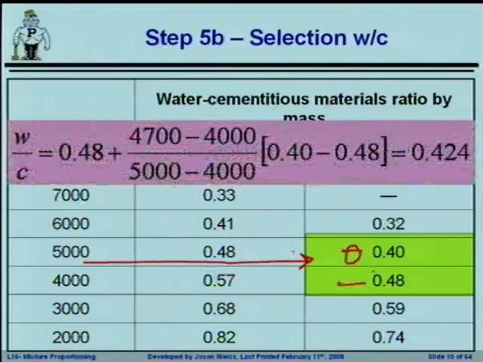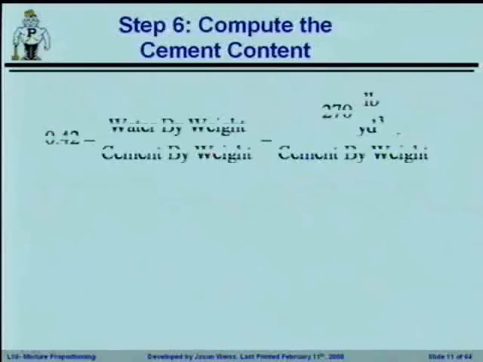Linear interpolation can tell us the exact value. We can determine the water to cement ratio by taking our 0.48 water to cement ratio, the difference between the two, and doing a linear interpolation between those two points, and we would come up with a 0.424 water to cement ratio for our particular design.